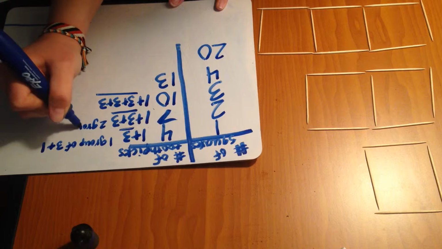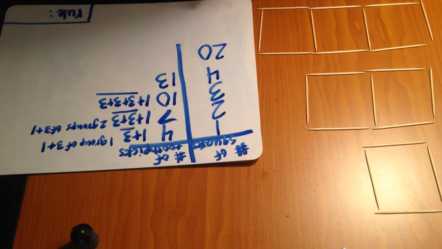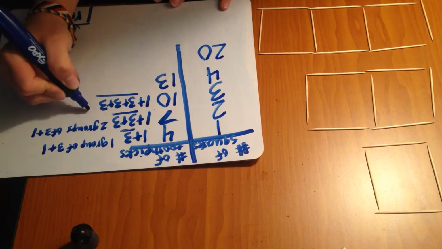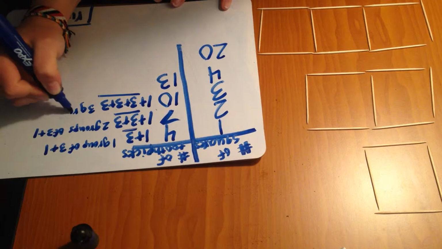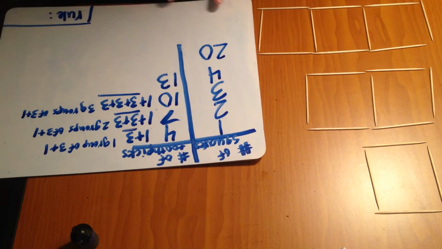I got 2 groups of 3 plus 1. Let's see, okay. So now I have 3 groups of 3 plus 1. Alright, and when I hear groups, I know that this is the same as multiplication.